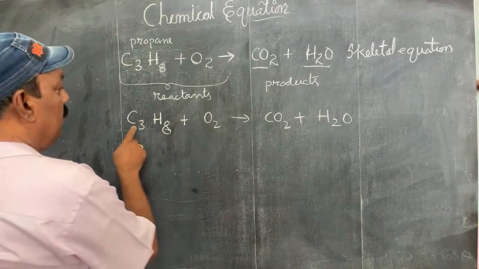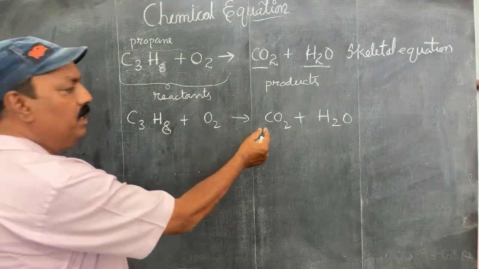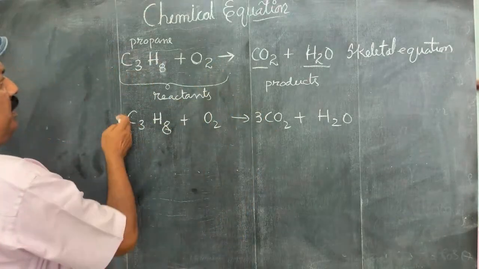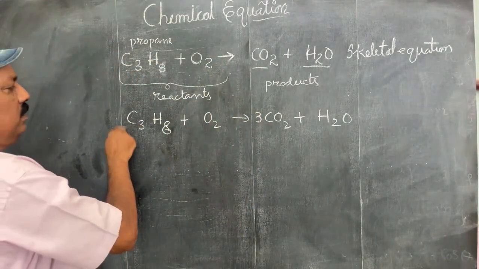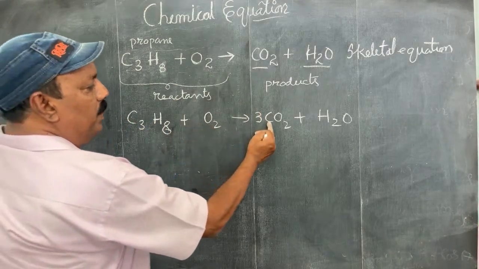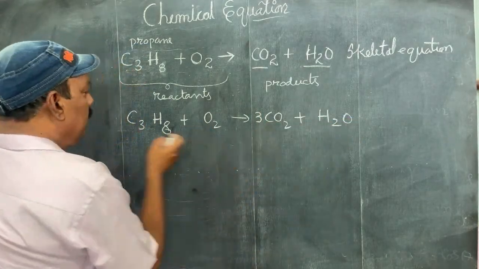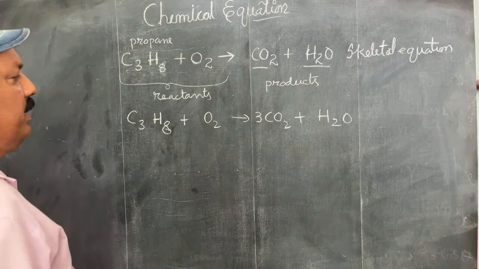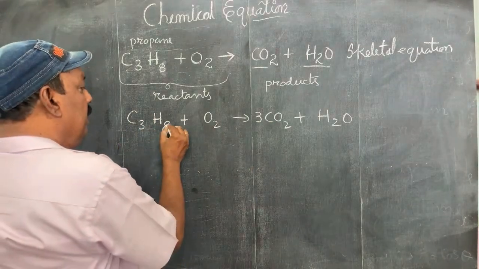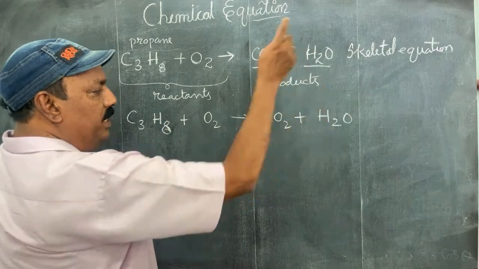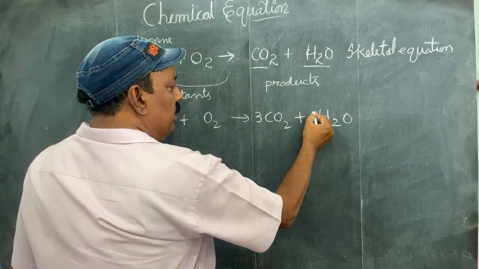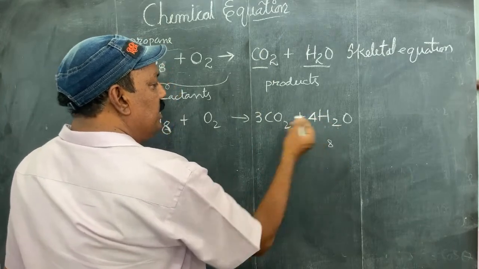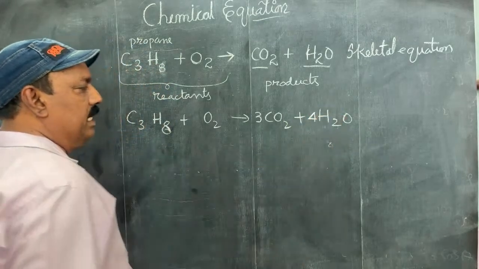We have 3 carbons here and only 1 on the other side, so we put 3 over here. There are 3 elements: carbon, hydrogen and oxygen. Now both sides have 3 carbons, balanced. Now it is time to balance the hydrogens. Here there are 8 hydrogens, but only 2 on the other side. Just put 4 in front of H2O to get 8. So carbons are balanced, and hydrogens are also balanced.